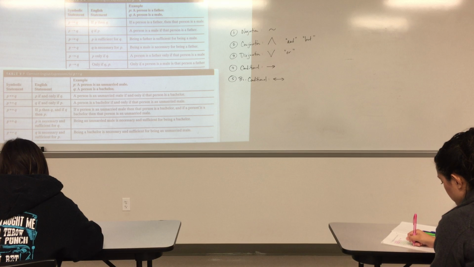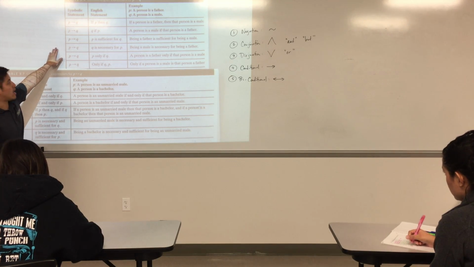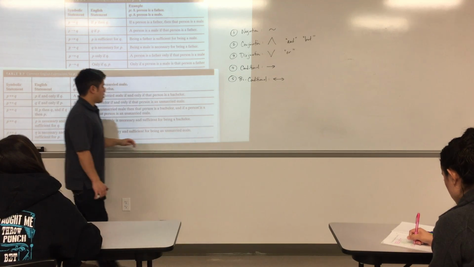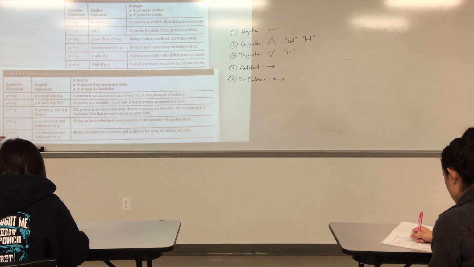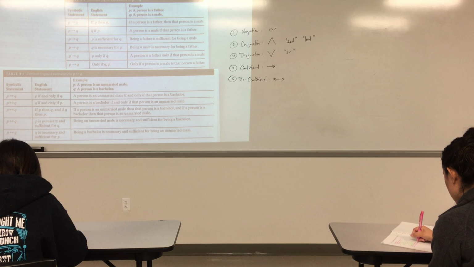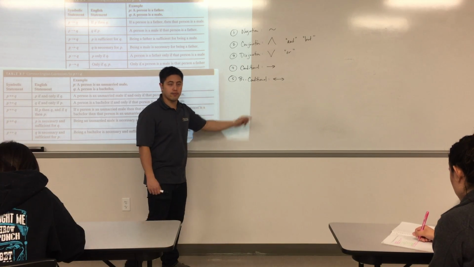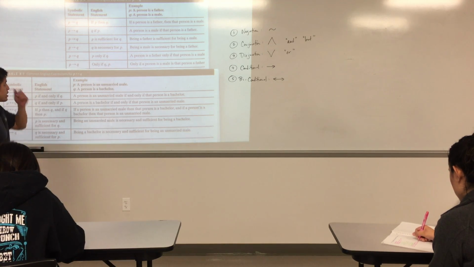All right, we got a photo of it. So let's understand what's going on. The top table is the table for understanding conditional statements. Okay? The bottom table, as you can see, there are double arrows here. The bottom table is what you need to understand biconditionals. Okay? Let's understand them, or at least begin our introduction into understanding them.